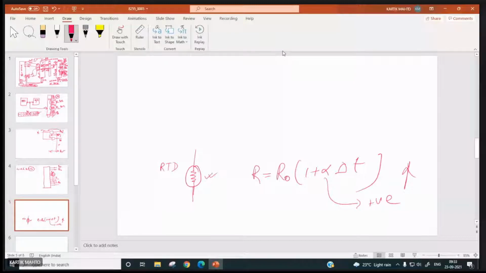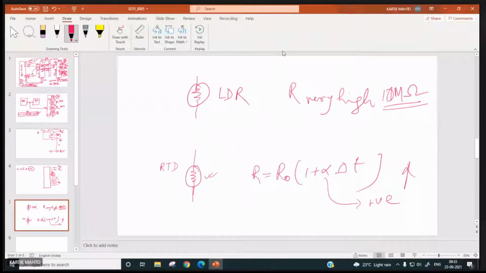Similarly, LDR, light dependent resistor. Its resistance is very high, in the order of mega ohm, if this LDR is kept in a dark room.